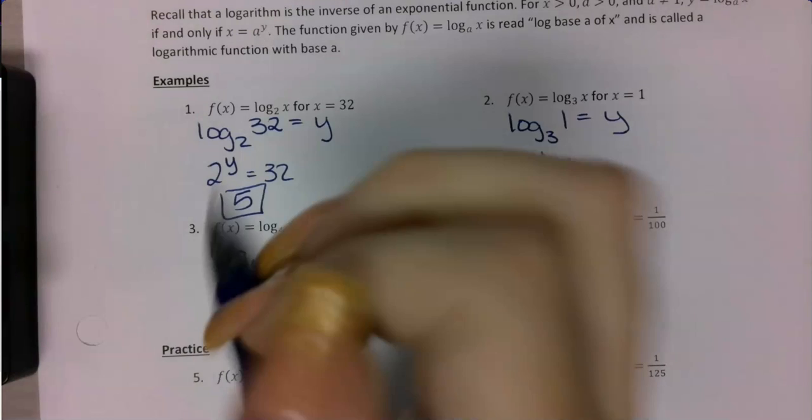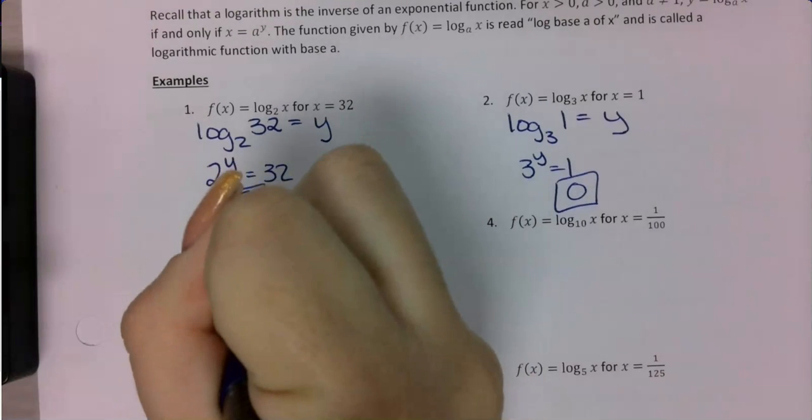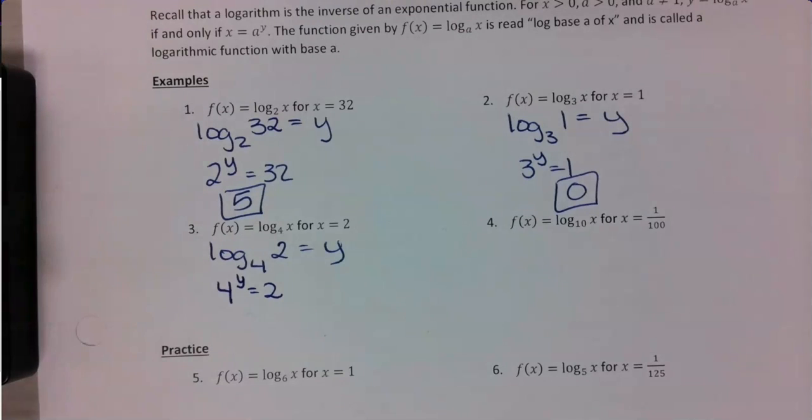Then I can rewrite this as 4 to the y power equals 2. Can you easily tell what that is? You can. Why is it 1/2? Is it because 2 is half of 4? It's not because of that.